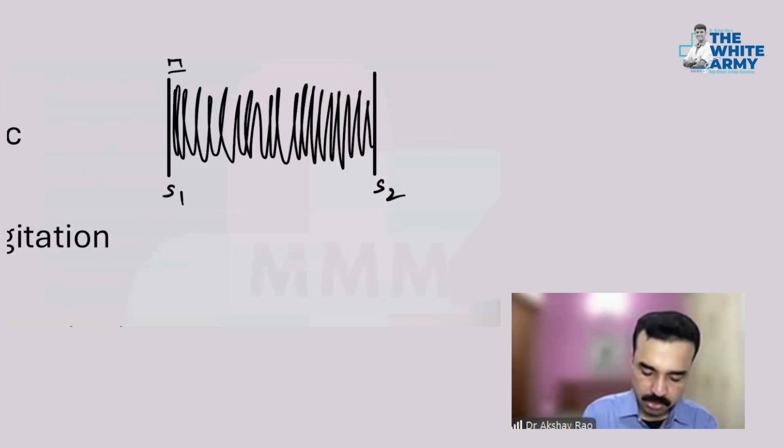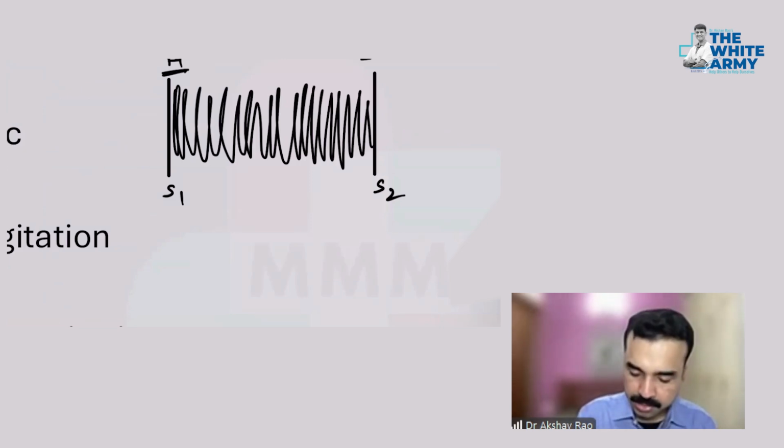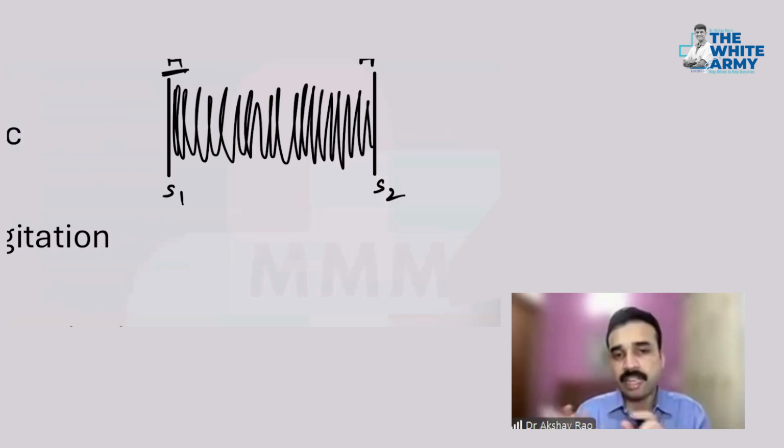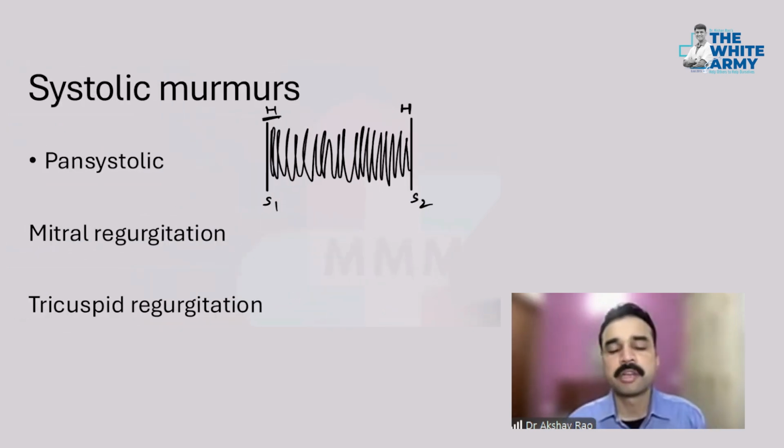This gap is non-existing. Likewise, even the gap between the end of the murmur and the occurrence of S2 is non-existing, then it is a pansystolic or holosystolic murmur. A pansystolic murmur lasts right from the S1 till the S2, no gaps anywhere throughout the systole.